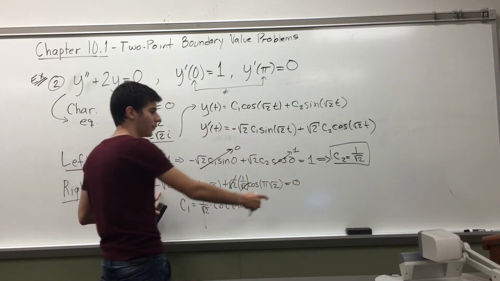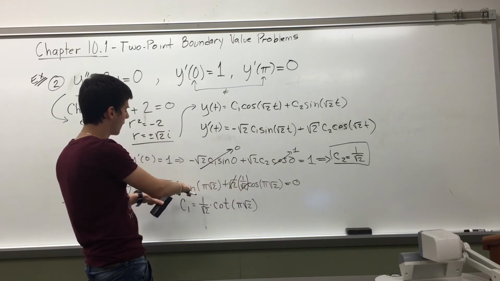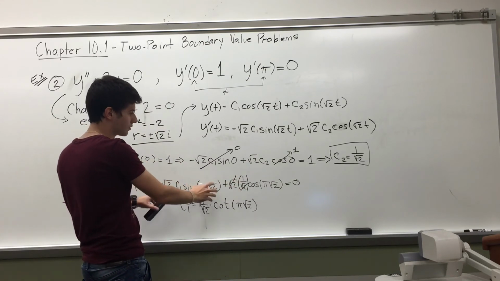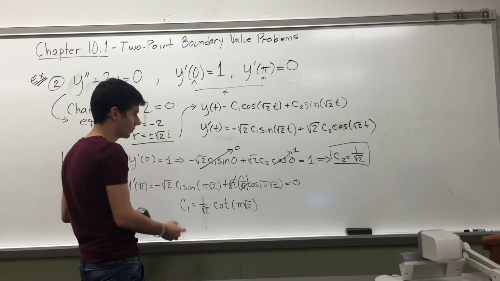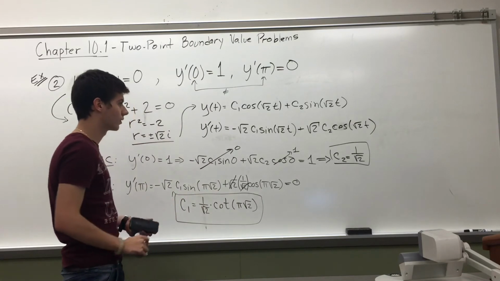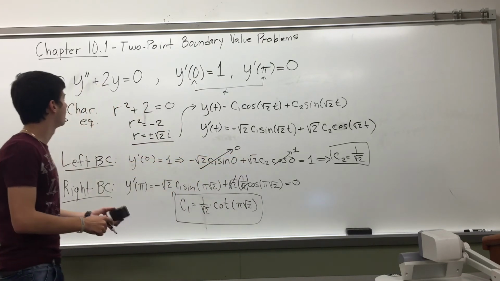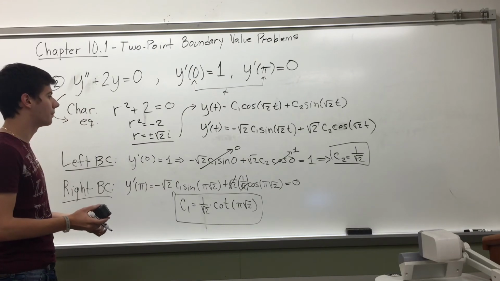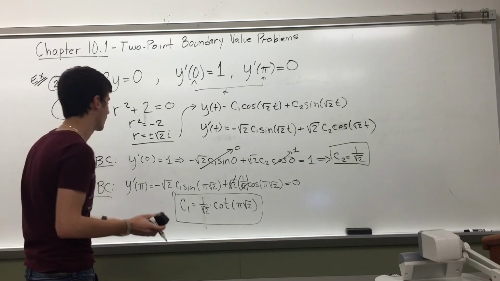So the negative with the negative is going to become positive. And dividing both sides by this, we're going to have cosine divided by the sine, which is just cotangent. So this is what we're going to get for c1. So we have c1, we have c2, and so our solution to our boundary value problem is this.